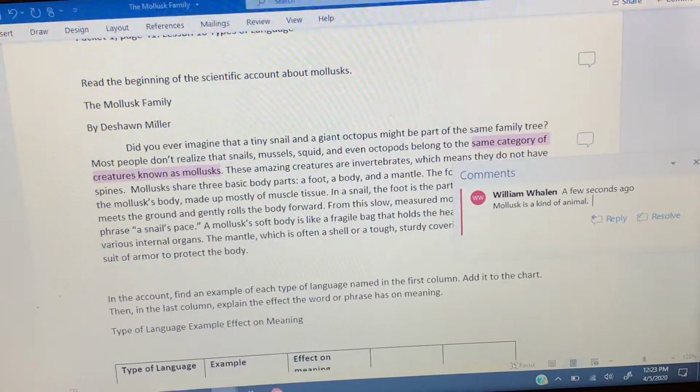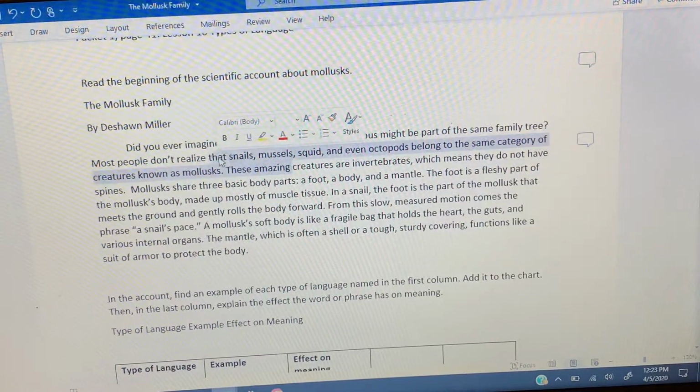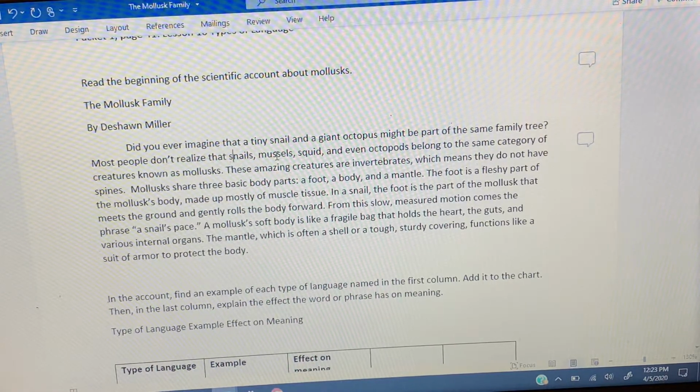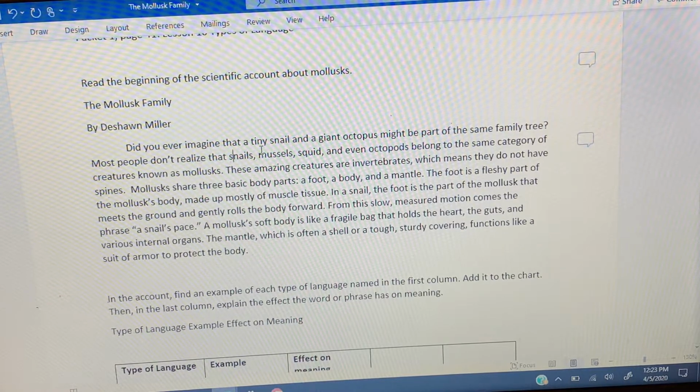And of that kind of animal, we get examples of that kind. So we might be talking about a snail, an octopus, a mussel, a squid. They all belong to the same category of animal. Why they are categorized together, we really don't know yet, but these things are all grouped or categorized together.